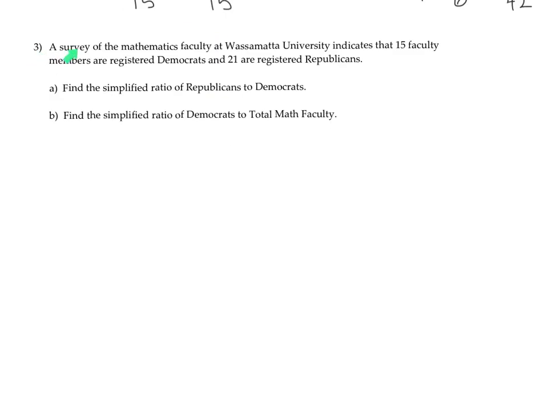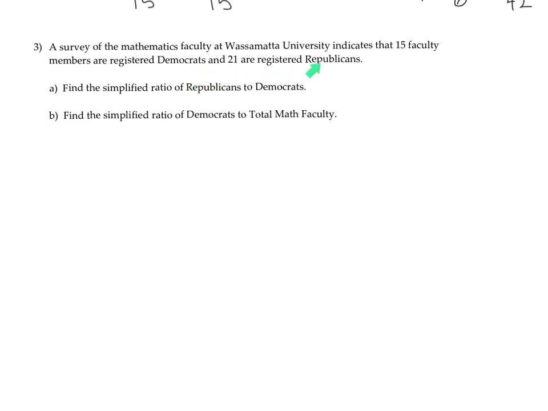Problem 3. A survey of mathematics faculty at Wasamata University indicates that 15 faculty members are registered Democrats and 21 are registered Republicans. Find the simplified ratio of Republicans to Democrats.